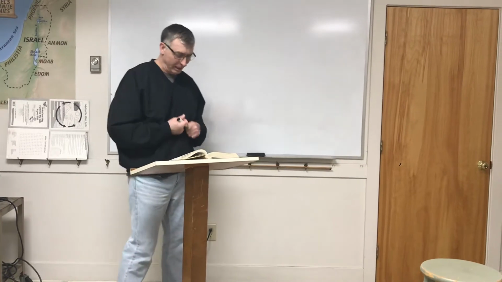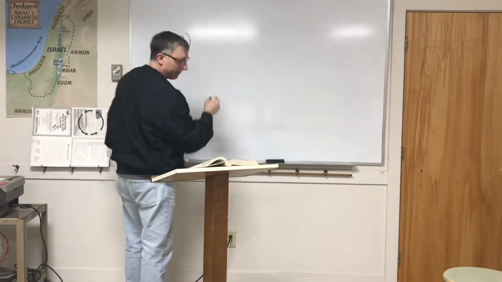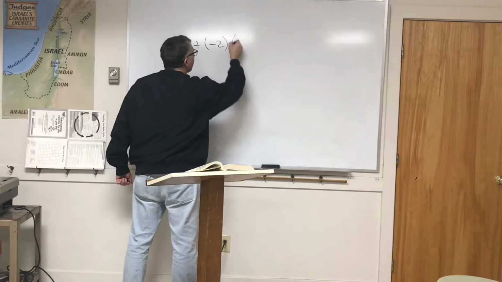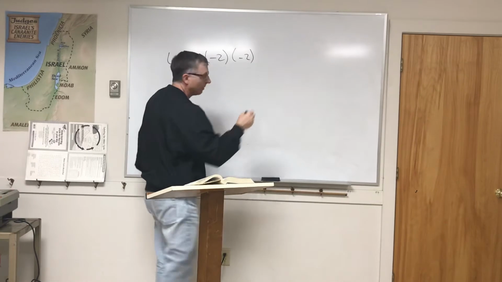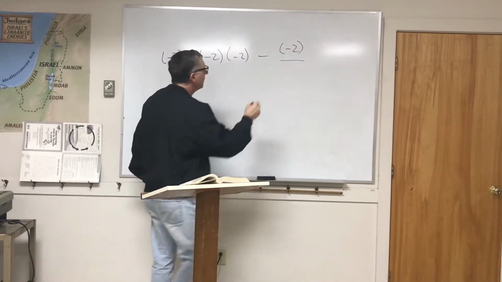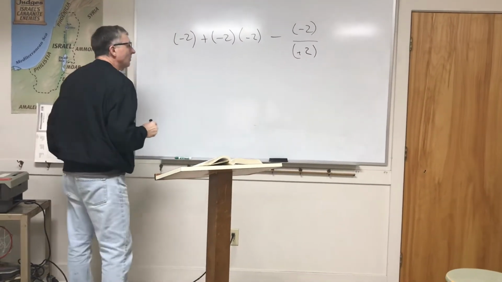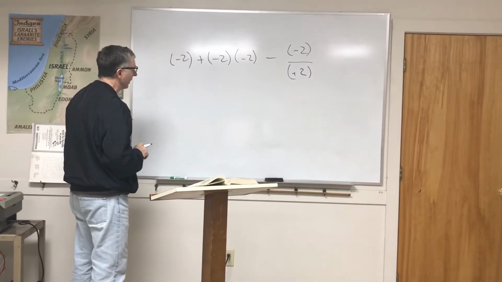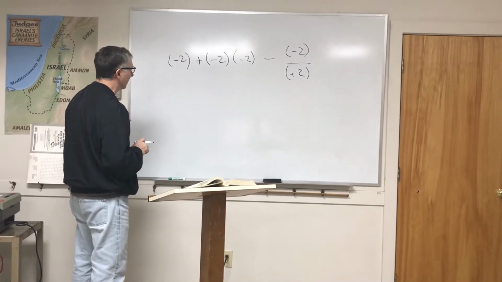Let's take a look at example 1 here. So I'll just write it out here. What we want to work towards is, first we're going to do some operations here, and then we'll give each number a sign.